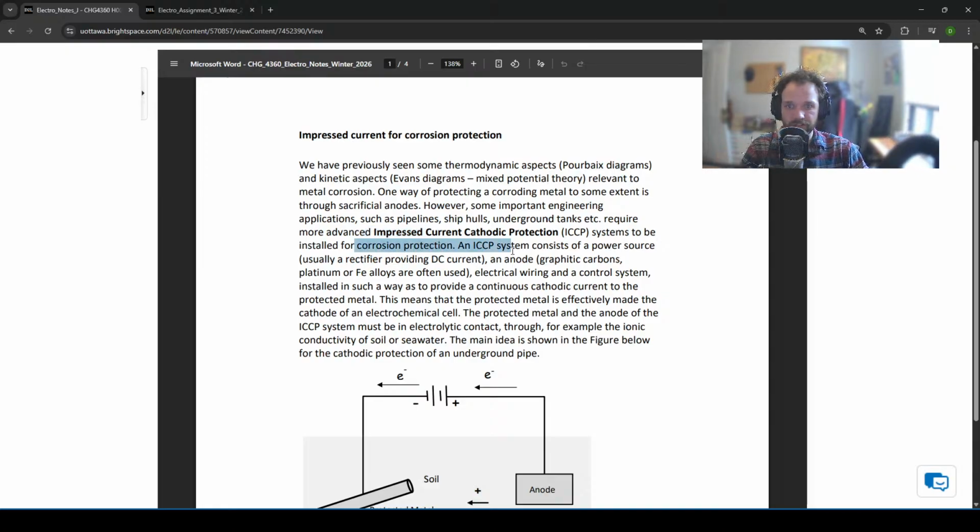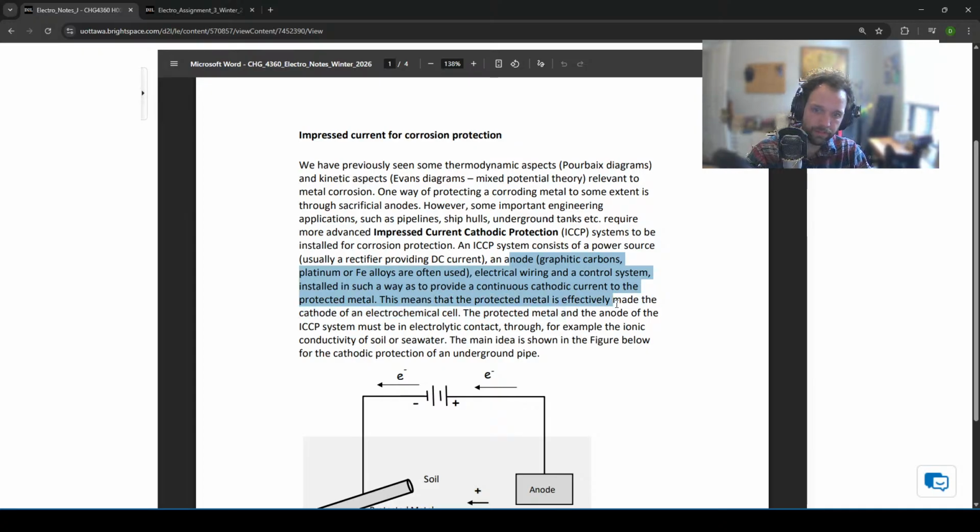For corrosion protection, an ICCP system consists of a current source, usually a rectifier providing DC current, an anode, where graphitic carbon, platinized platinum or iron alloys are often used, electrical wiring, and a control system installed in such a way to provide a continuous cathodic current to the protected metal.